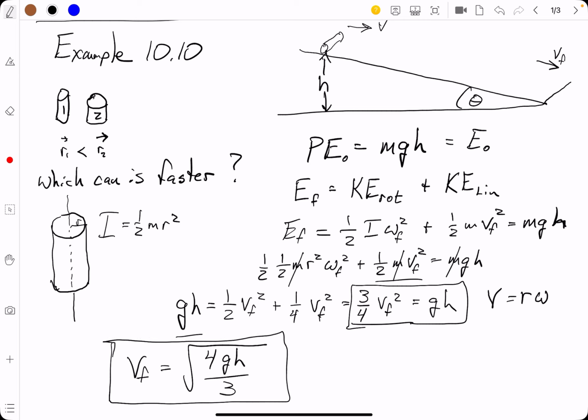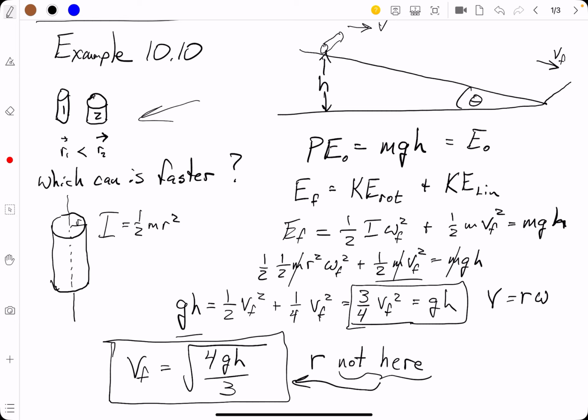So we can go back to which one of these guys is going to go faster, the r1 or r2, and we're going to note that r is nowhere to be seen. Not here. So if r is not here, r is not a variable that this v final is dependent on.